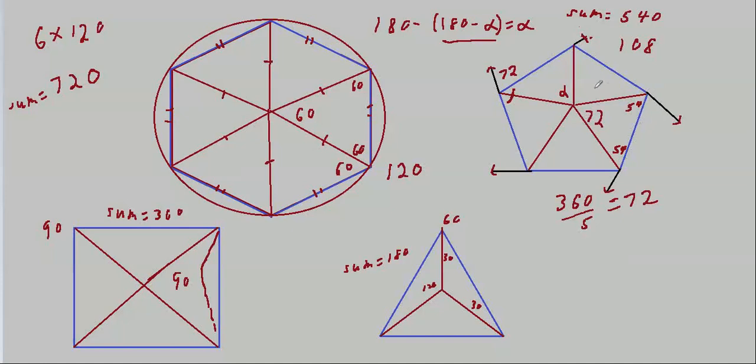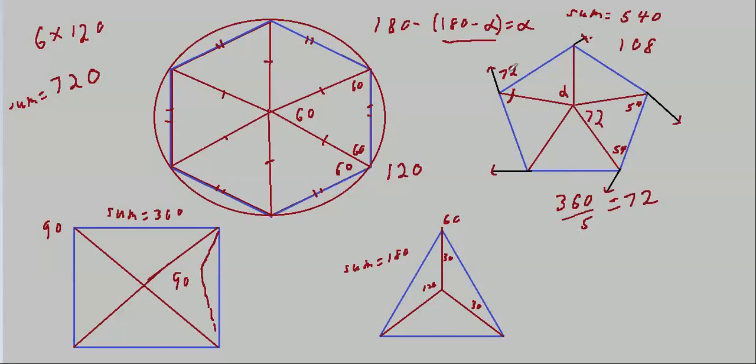Having 5 sides produces 5 of these radius-created angles. On the other hand, having 5 angles here, well, the 5 sides create the 5 exterior angles. Since this has to add up to 360, these must also add up to 360.